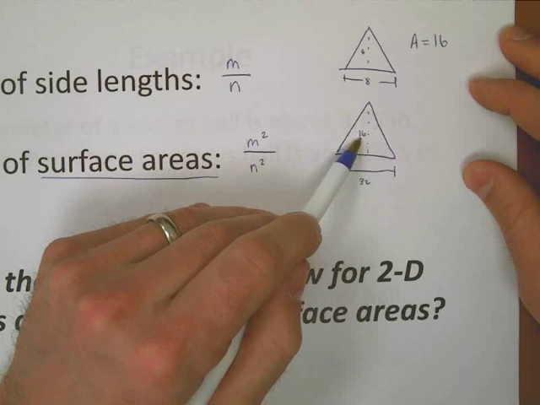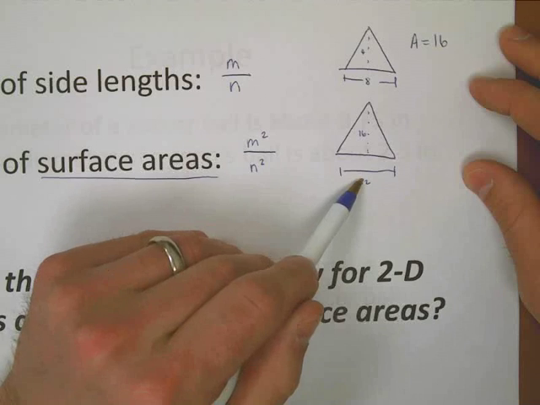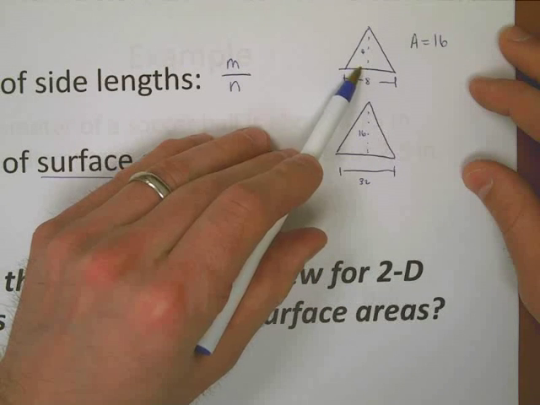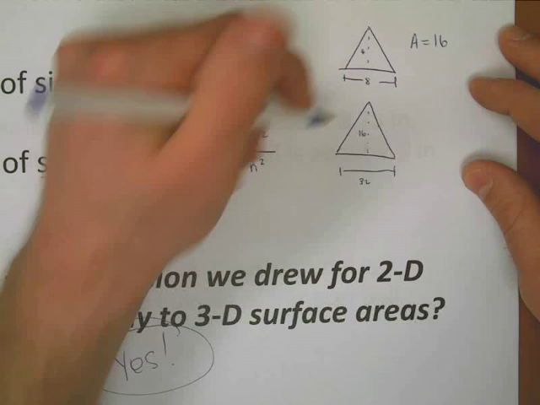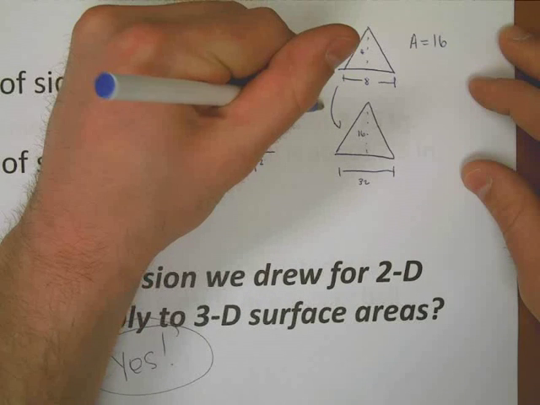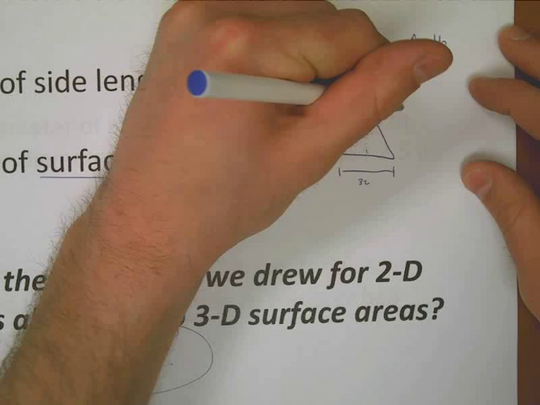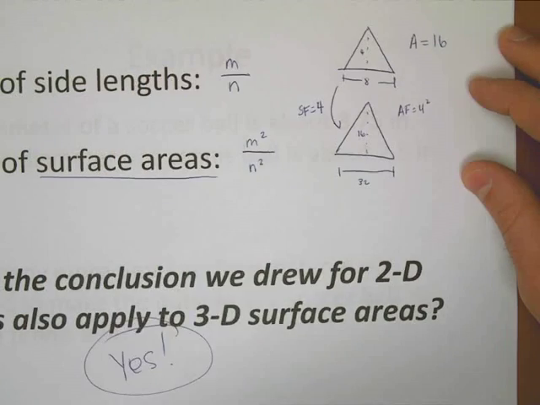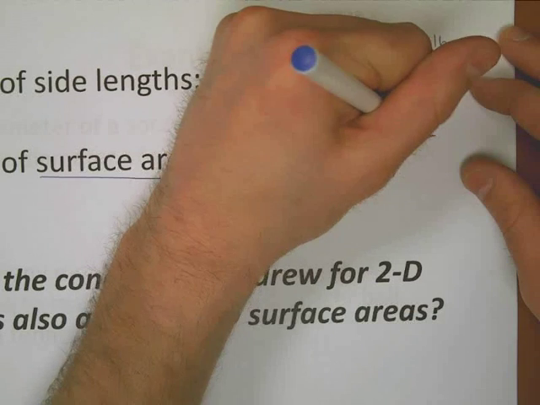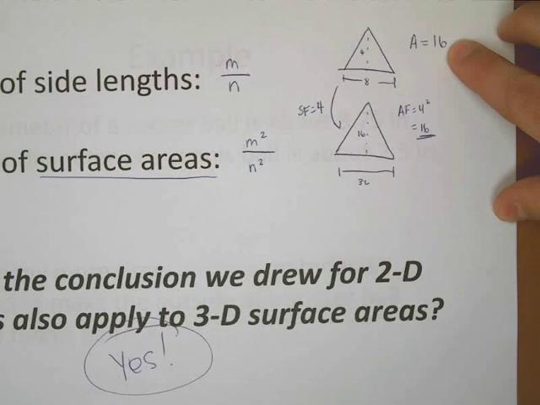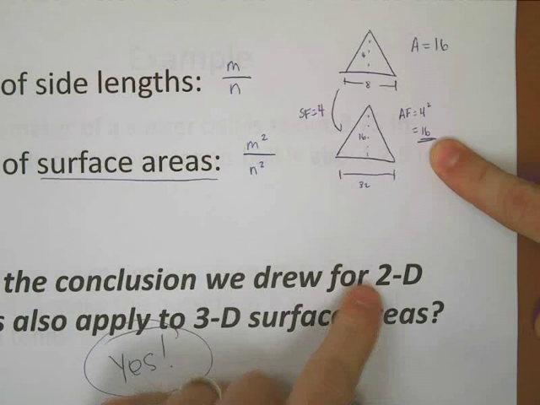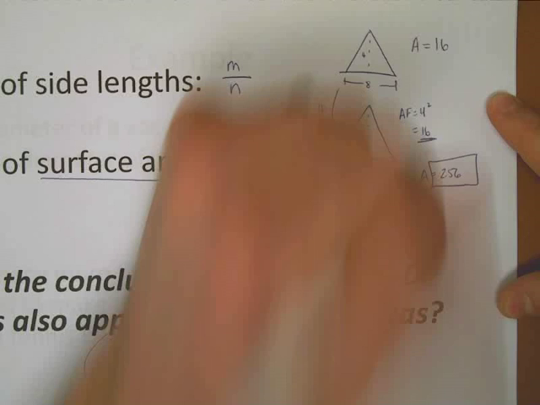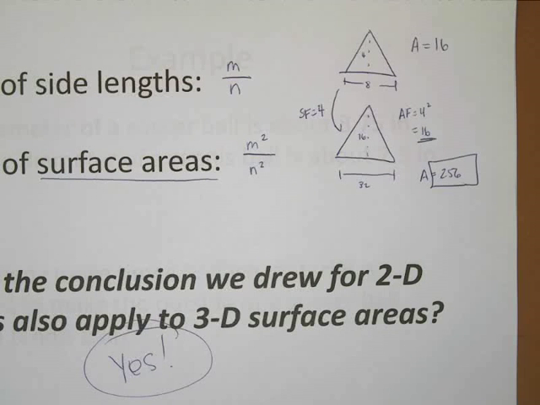I went from 4 to 16, that's 4 times as big. I went from 8 to 32, that's 4 times as big. These triangles are proportional. If the side lengths are multiplying by 4, if the scale factor is 4, that means the area factor, if you want to call it that, would be 4 squared. That's 16 times as much area. So I take the original area of 16, and the new area is going to be 16 times 16, which is 256. There's a different way to work it, in other words.